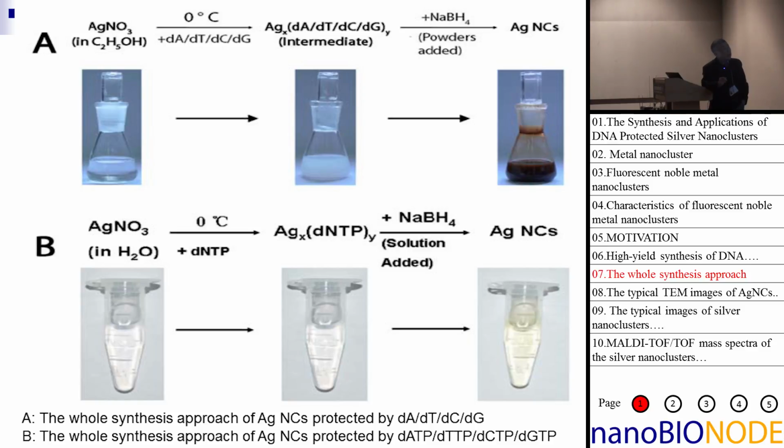Another way is in alcohol, where we can prepare silver nanoclusters with NTP. N can be, for example, ATP, CTP, GTP, and TTP. And here we add the solution. Finally, we can get silver nanoclusters.